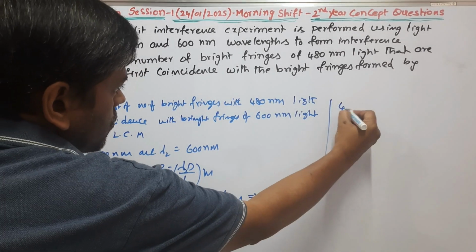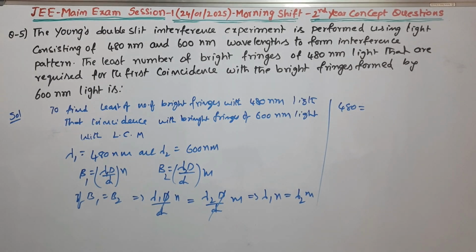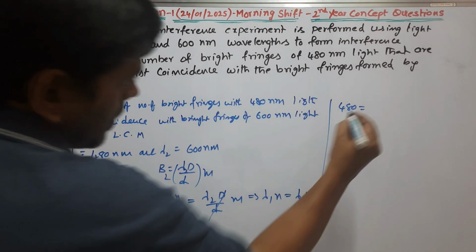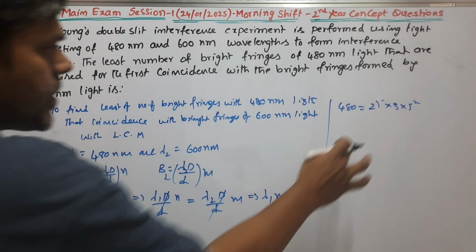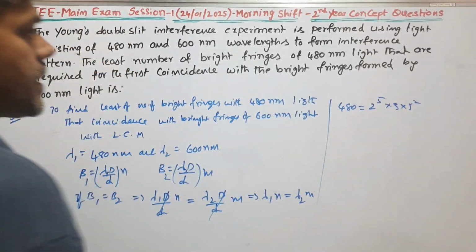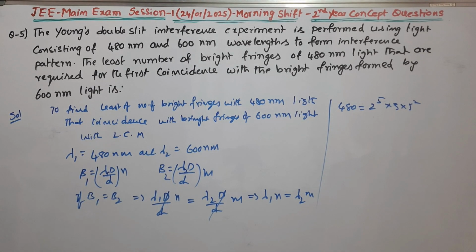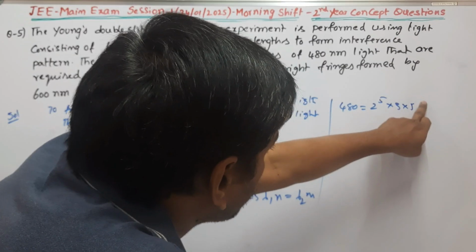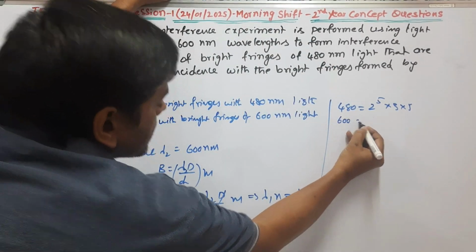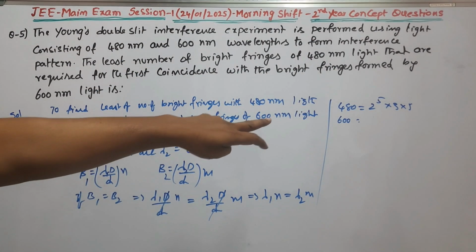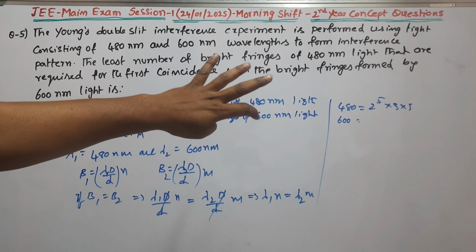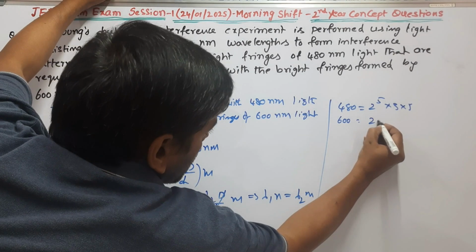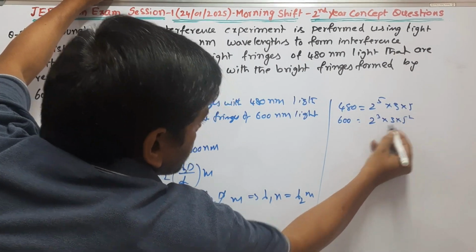480 is equal to 2 power 5 into 3 into 5. Generally you know very well how to calculate factors. Next, 600: while you find the factorization of 600, you get 2 cube into 3 into 5 square.